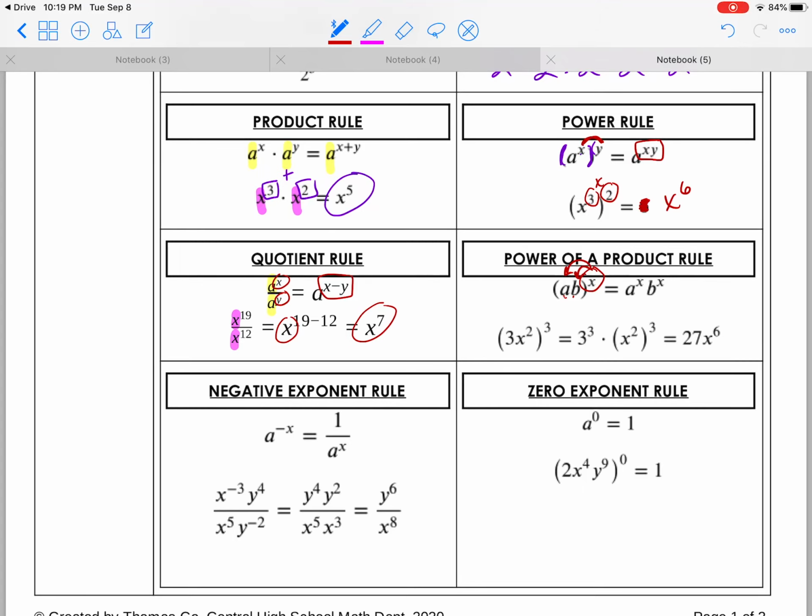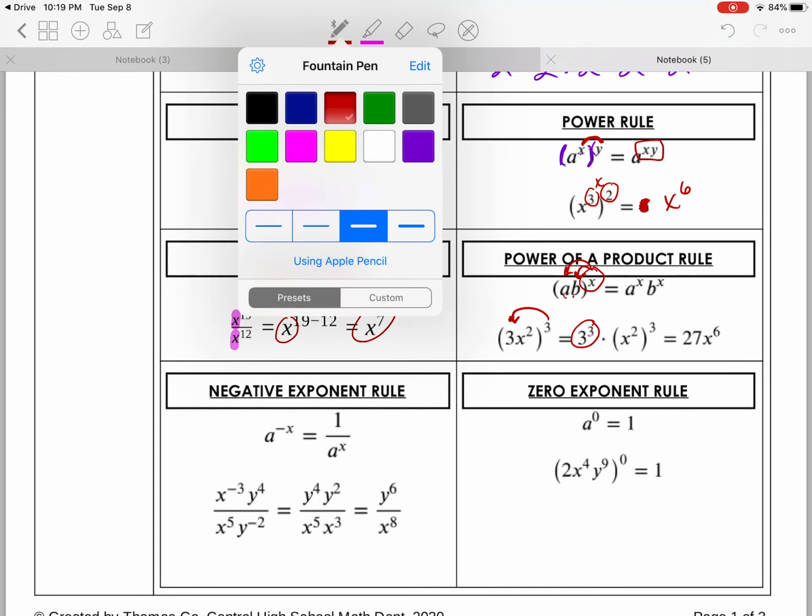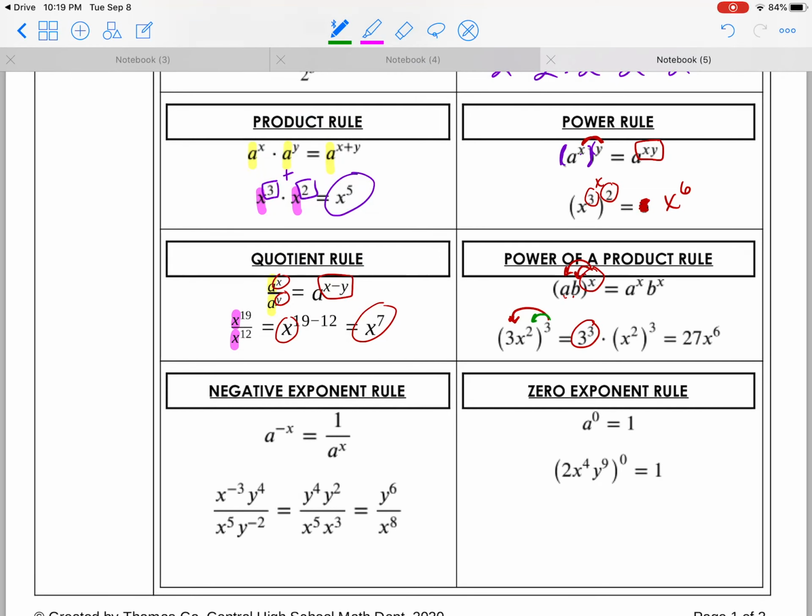So if we look at this example, 3x squared raised to the third. What I'm going to do is take this 3. Now we have to be very careful. It goes to everything in the parentheses. So it's going to go to that base of 3 there. That's where this 3 to the third comes in. Then it's going to go to this x squared, and that's where the x squared to the third comes in.